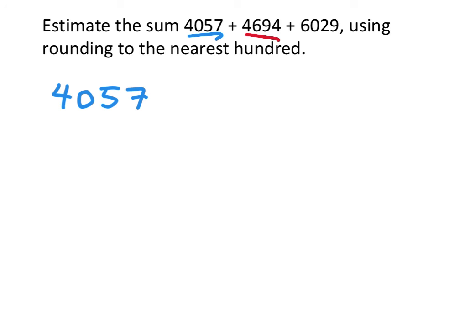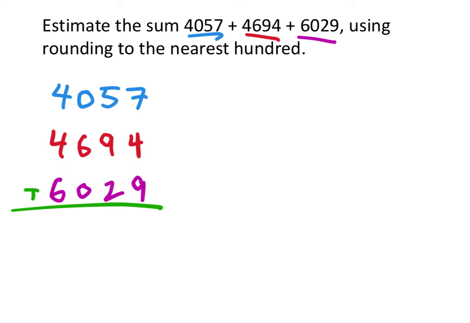And we got 4,694. And also 6,029. Now again, I know several of you would feel very comfortable adding those 3 numbers together without the rounding. But this one does tell us to round, so I'm not going to worry about adding those, even though you could if you wanted to.